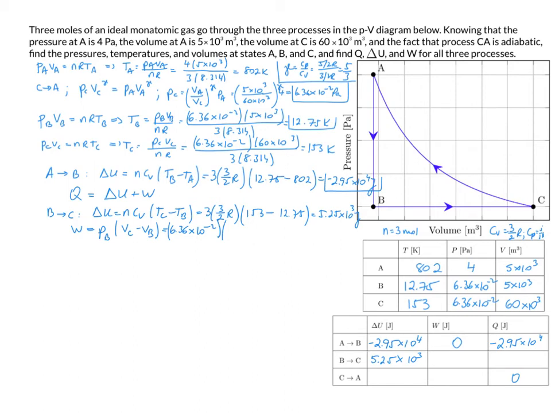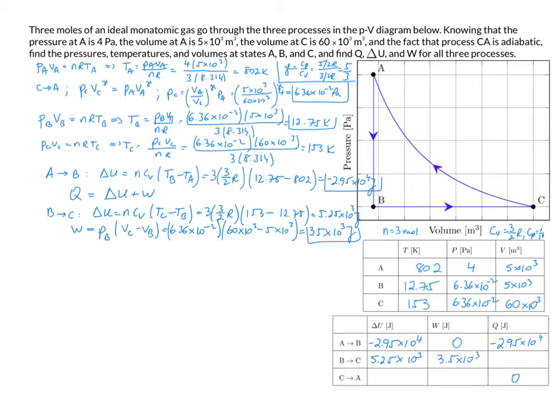Vc is 60 times 10 to the third, and Vb is 5 times 10 to the third. So multiplying these together, we end up with 3.5 times 10 to the third joules. So put that in here, 3.5 times 10 to the third joules.